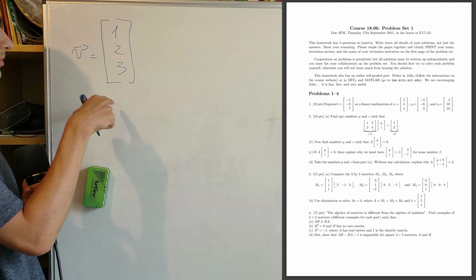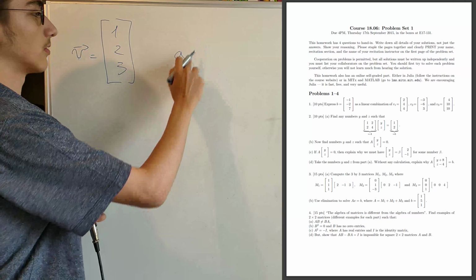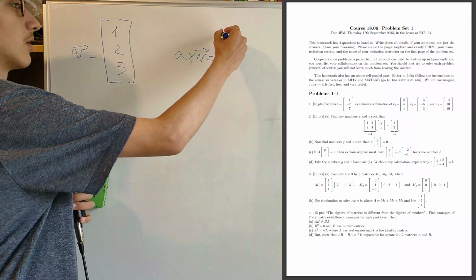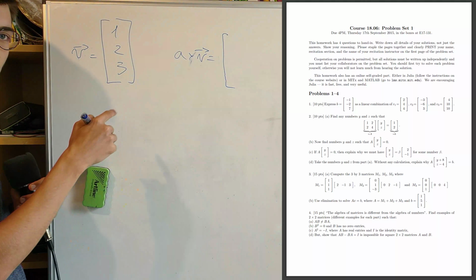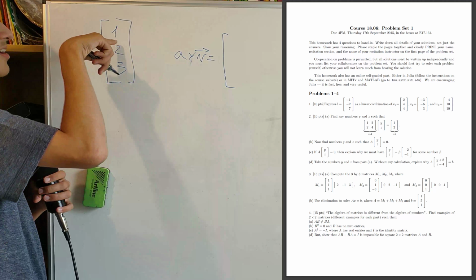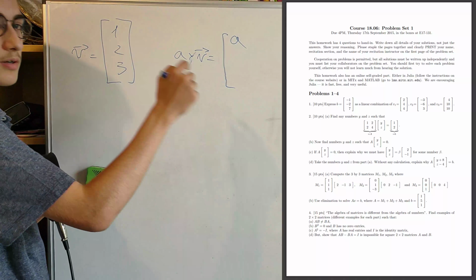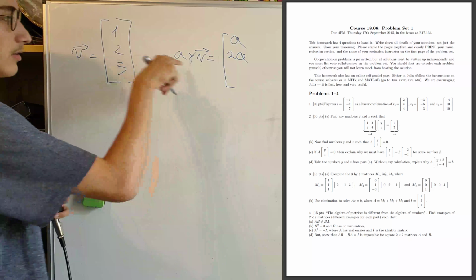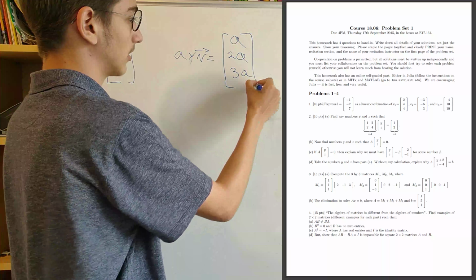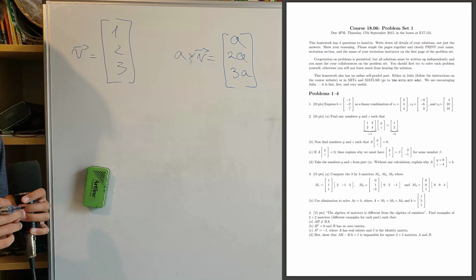We know how to multiply a vector by a scalar: a times v is a times 1, a times 2 is 2a, and a times 3 is 3a. Pardon my English. Okay, so that's a linear combination.